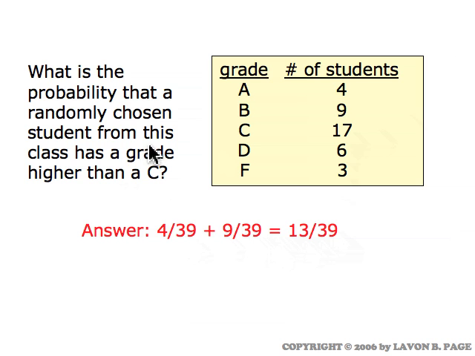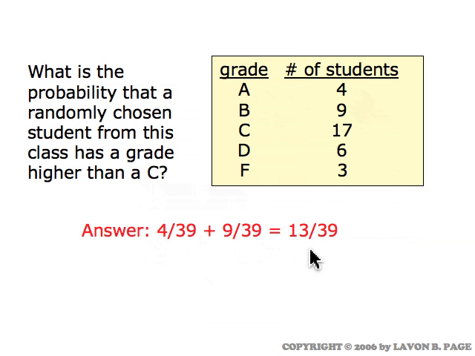What's the probability a randomly chosen student from the class has a grade higher than a C? Well, we have 4 A students and 9 B students. So the chances of getting an A student would be 4 chances in 39, probability 4/39. The probability of getting a B student would be 9 chances in 39, 9/39.